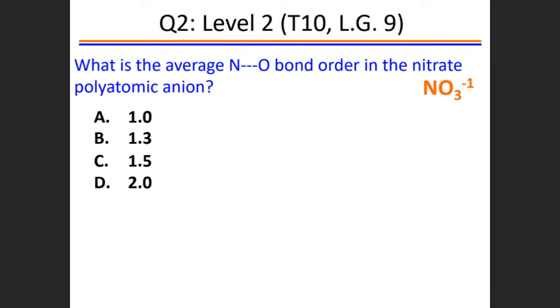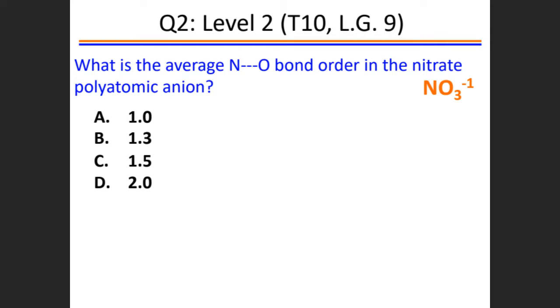Now we will talk about the bond order. What is the average bond order in the nitrate? We now saw how to calculate the formal charge and also resonance, how to draw the resonance structures for ions that might have more than one Lewis structure.